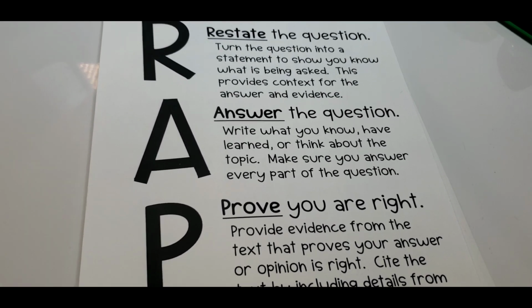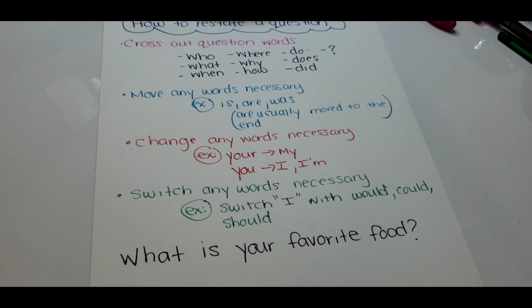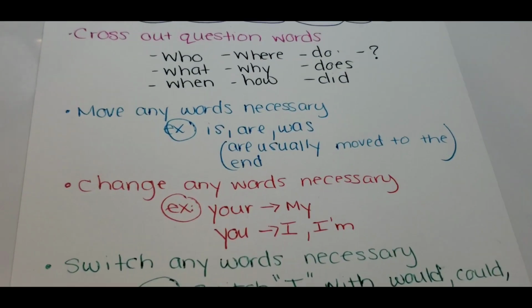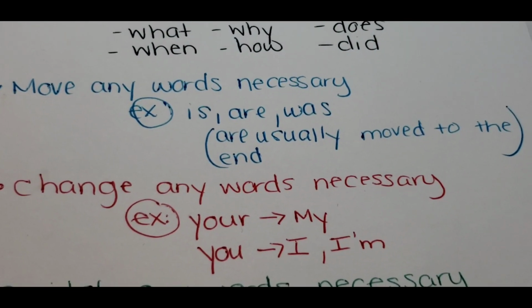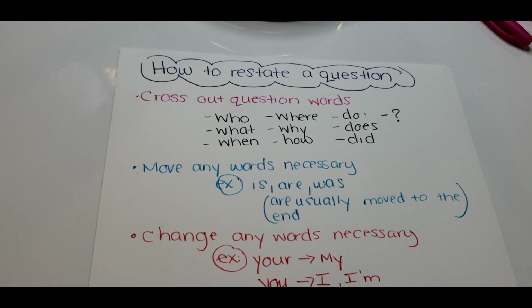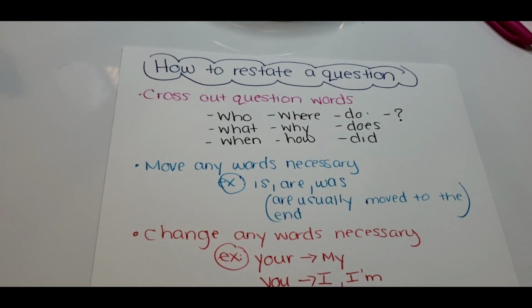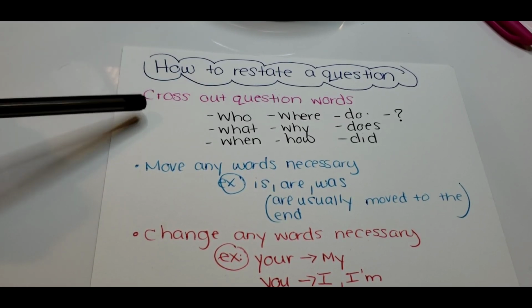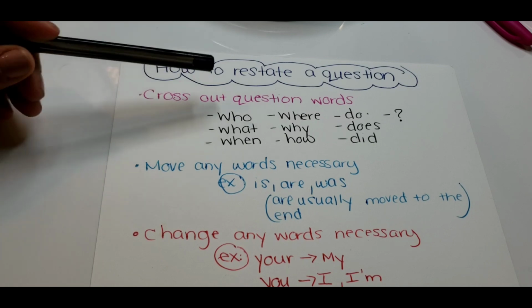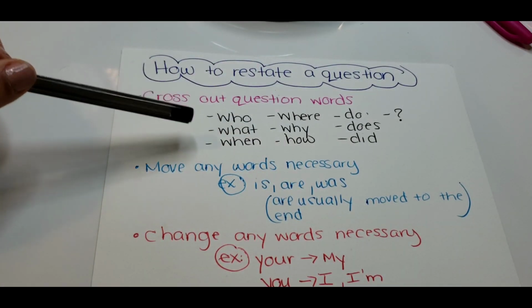Now, for restating the question, there are some steps. So, the first thing that we're going to focus on is what we cross out. The first thing you do after you read the question, of course, is cross out your question words. And what we mean by question words are these here, written in black.